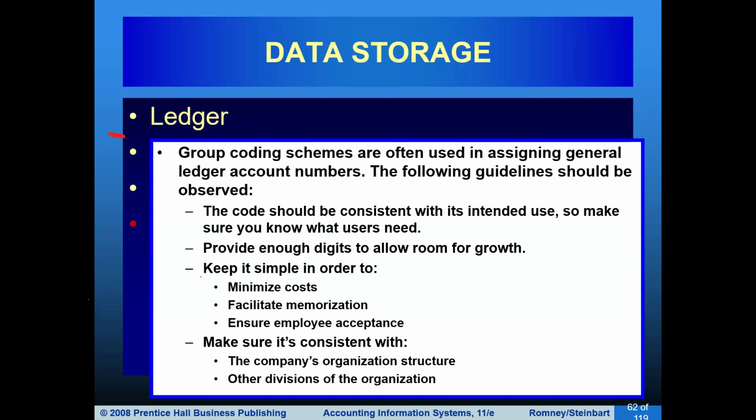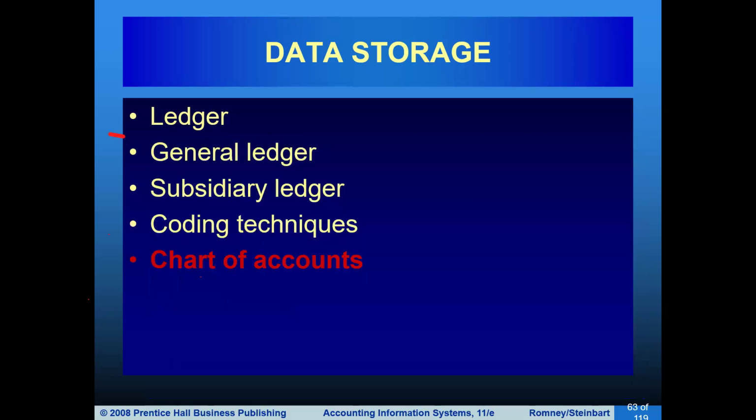These are some principles when you have to make the code. You can't give numbers to the ledger accounts by trial and error. Each and every ledger account should have a number, and behind that number there should be a principle you have to follow.